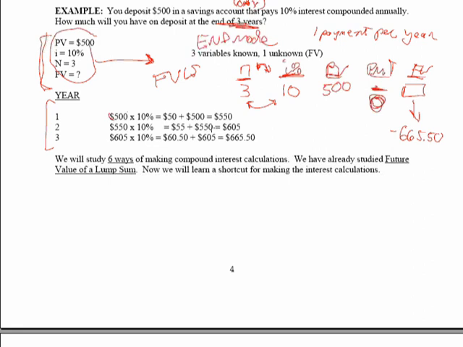Added back to the principal of $550, that gives us $605. And then the third year, we start out with $605. Over the course of the year, we earn 10%, or $60.50. Add that to the beginning balance of $605, and that gives us $665.50.